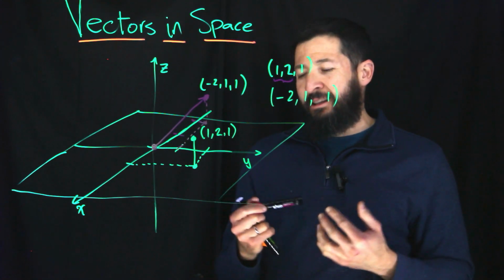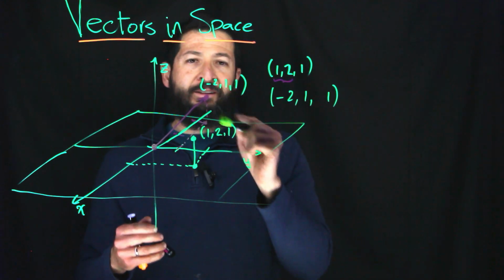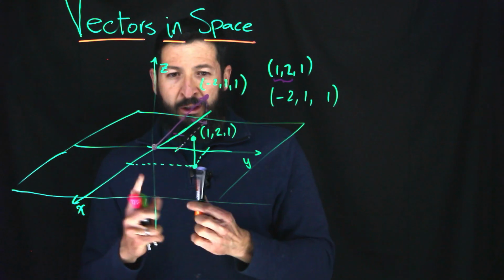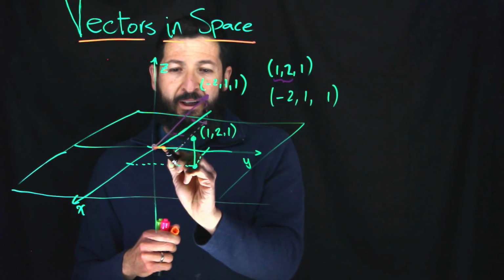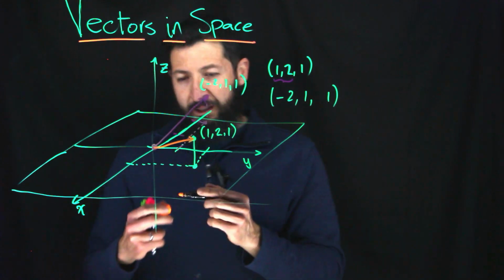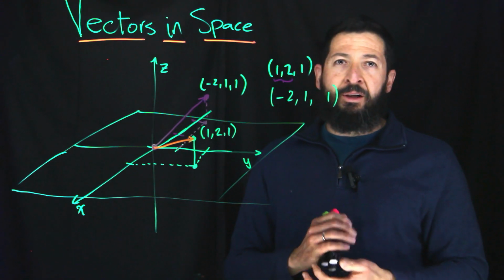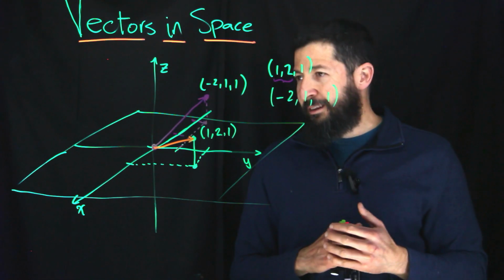And usually the difference will only be that whenever we're talking about vectors, we use pointy brackets instead of just parentheses. And the same thing for this one. I'm going to color in a different color because it's getting a little bit messy. I could have put the tail here and gone to the point 1, 2, 1 where I would put the head of the vector, and that gives me a vector written with pointy brackets. So that's the only distinction.